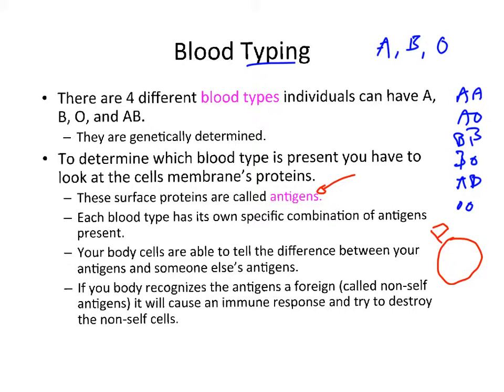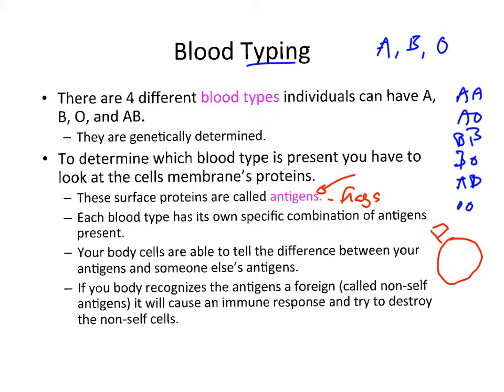Your blood type is determined by which types of little flags, or antigens, you have on your cells. And each blood type has a specific combination. If you're A, you've got little A flags. If you're a blood type B, you've got little B flags. And if you're AB, you've got A flags and B flags.